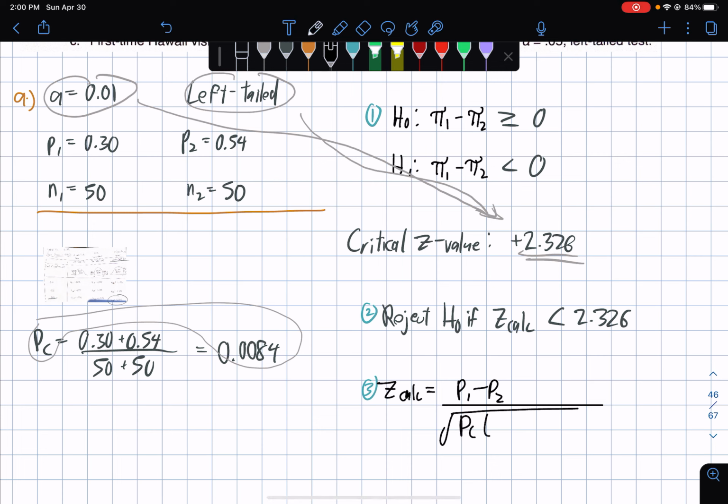So PC times the quantity 1 minus PC times 1 over N1 plus 1 over N2.